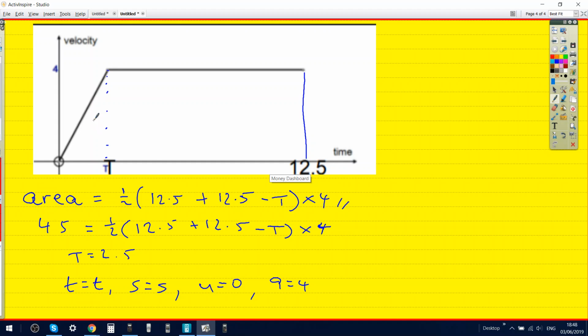They ask for the displacement, right? So I have to integrate the acceleration equation. No. What is a suvat equation that involves t, s, u, and a? s equals ut plus half at squared.